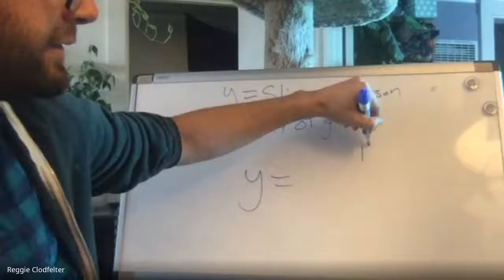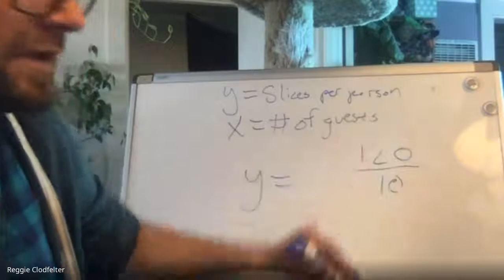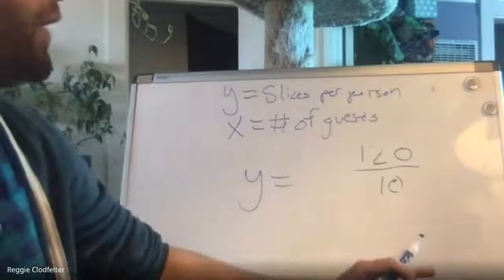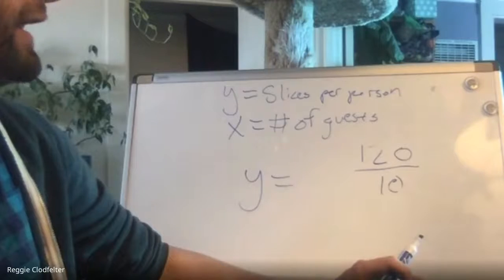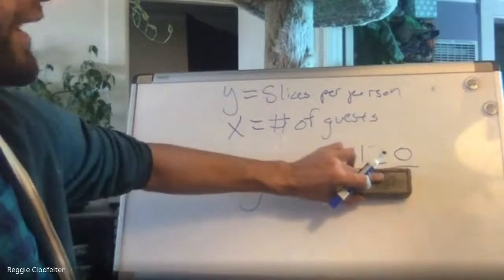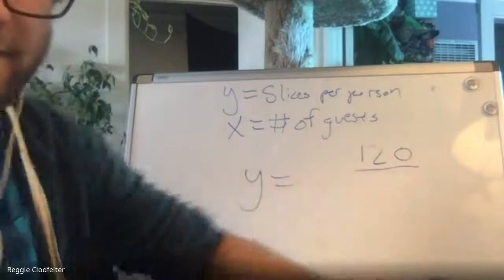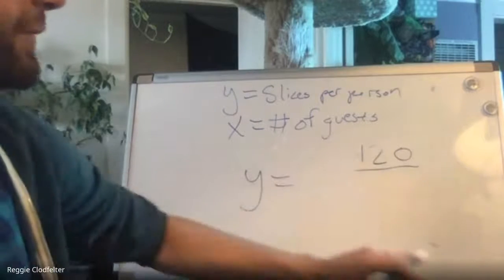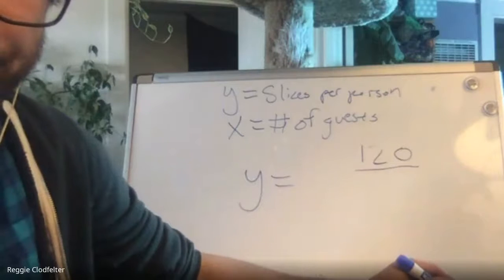You divide the number of slices by the number of guests: 120 divided by 10, 12. Now, if instead I want to find out an equation for any amount of guests, and I replace x with number of guests, where would I put it?